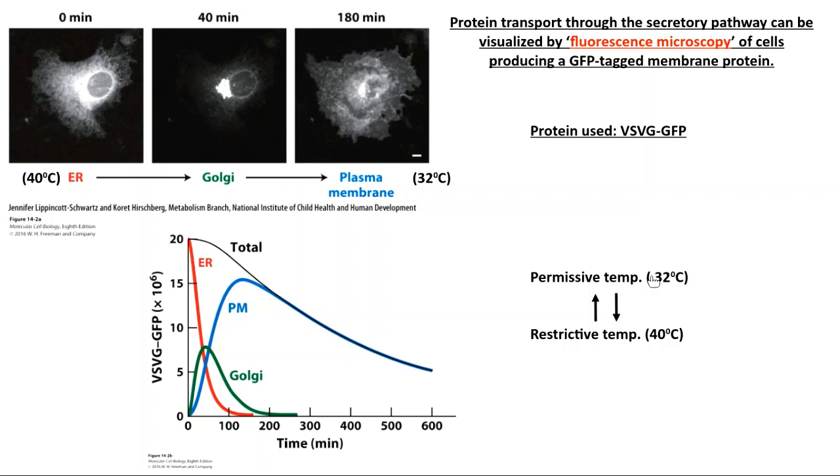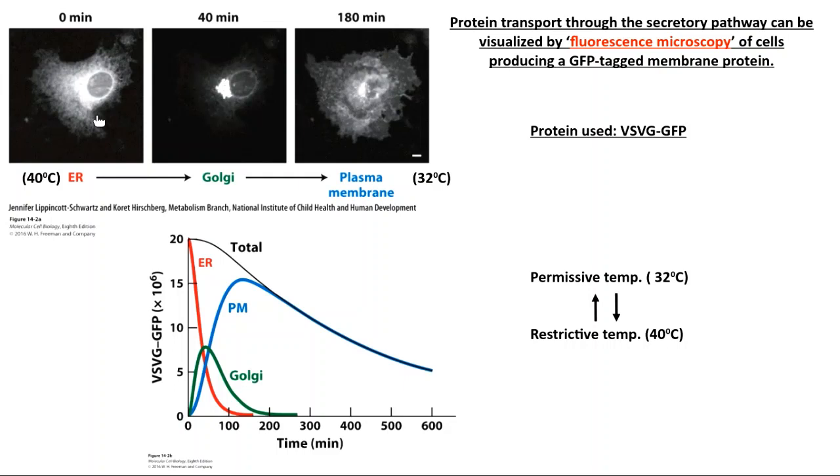So what was done is that we took secretory proteins that we know are supposed to go to the plasma membrane. We tag the protein and increase the temperature. When we tag the protein, it is still inside the ER, and we can see through fluorescence microscopy that it's still in the ER.